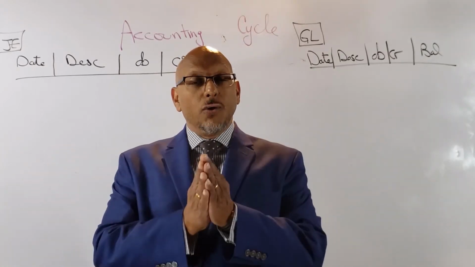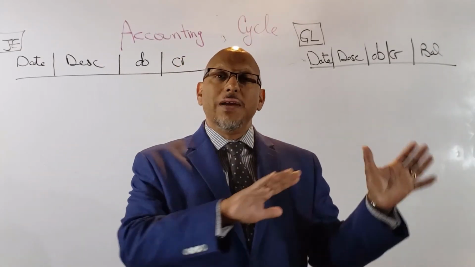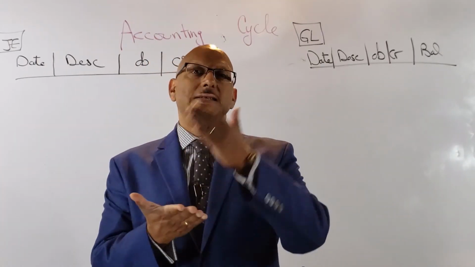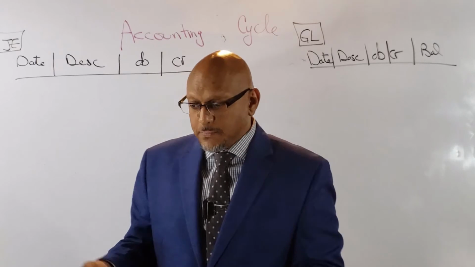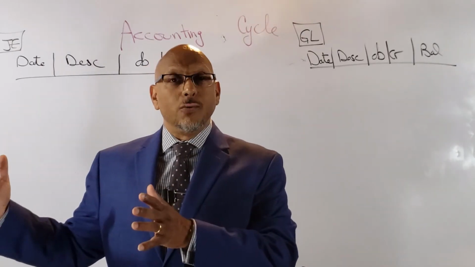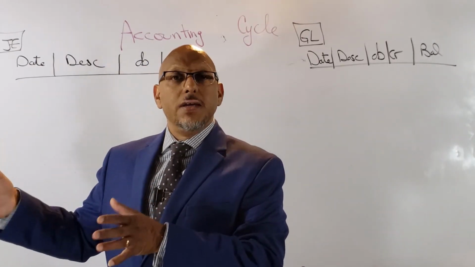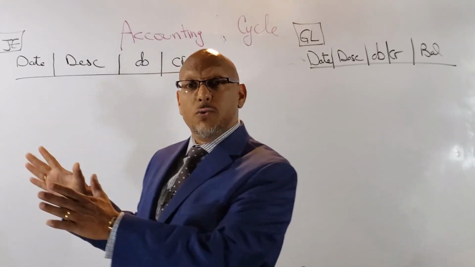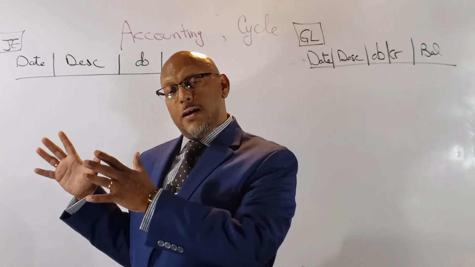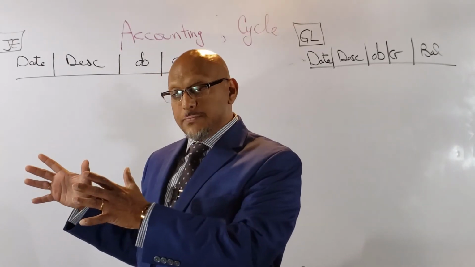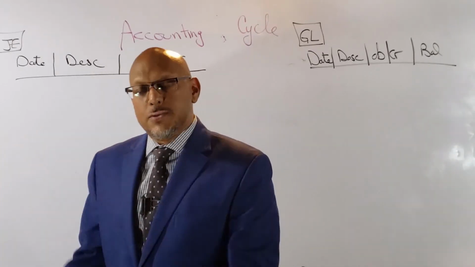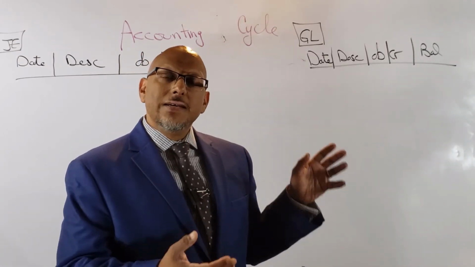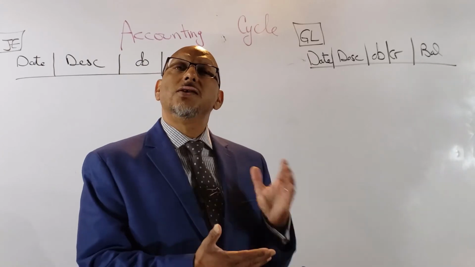And then we close all that information to permanent accounts that exist from period to period. Balance sheet accounts are permanent accounts, like assets, liabilities, equity. Any of those accounts that were described in the balance sheet are also called permanent accounts. The income statement accounts, revenue and expenses, net income, those accounts are considered temporary.